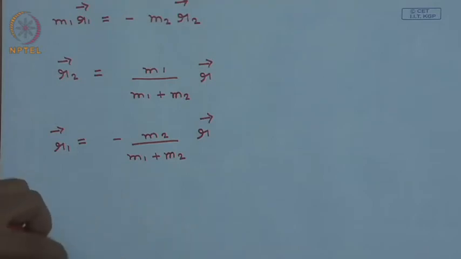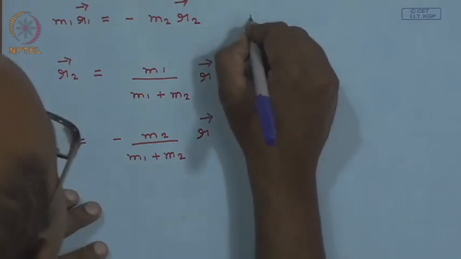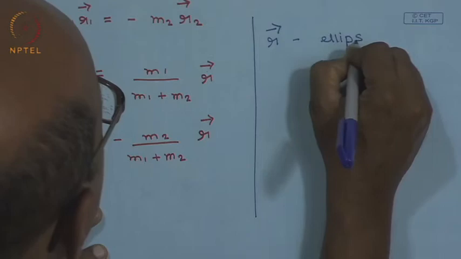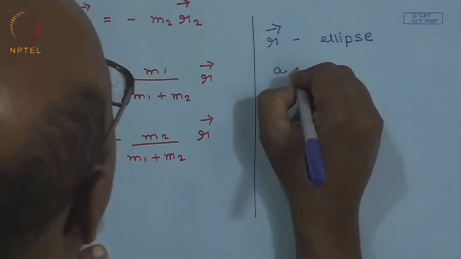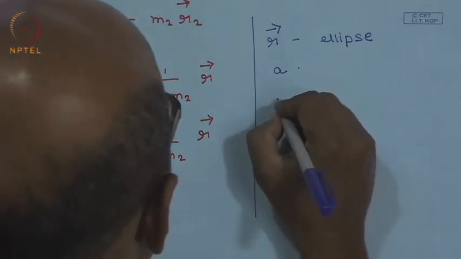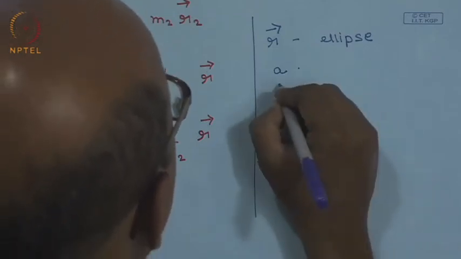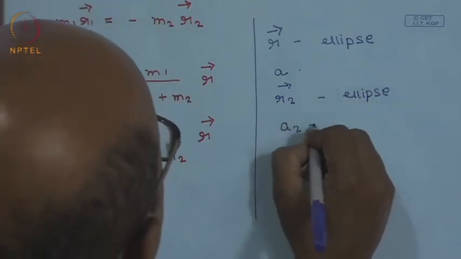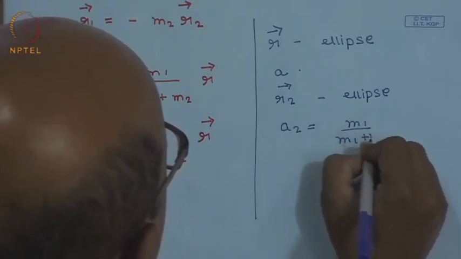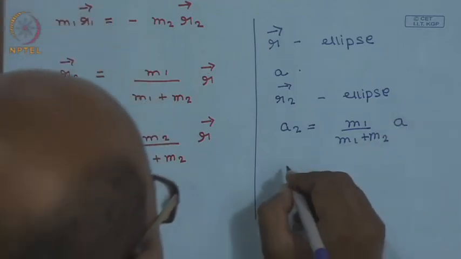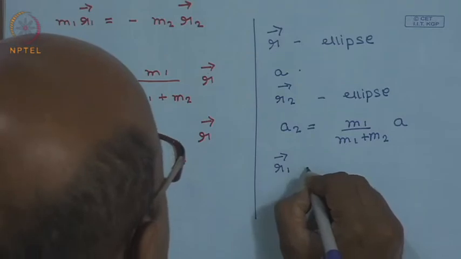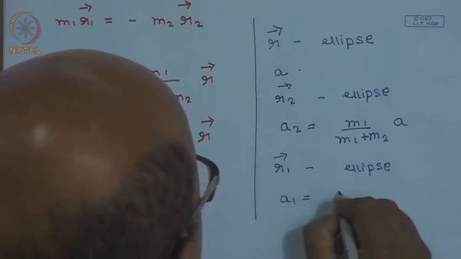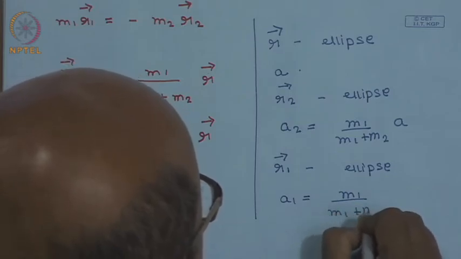And let me remind you that we have seen that the vector R sweeps out an ellipse with semi major axis, let us say A, then R1 R2 will also sweep out an ellipse whose semi major axis is A2, which will be M1 by M1 plus M2 A, and R1 will also sweep out an ellipse, and this will have A1 is equal to M2 by M1 plus M2 into A.